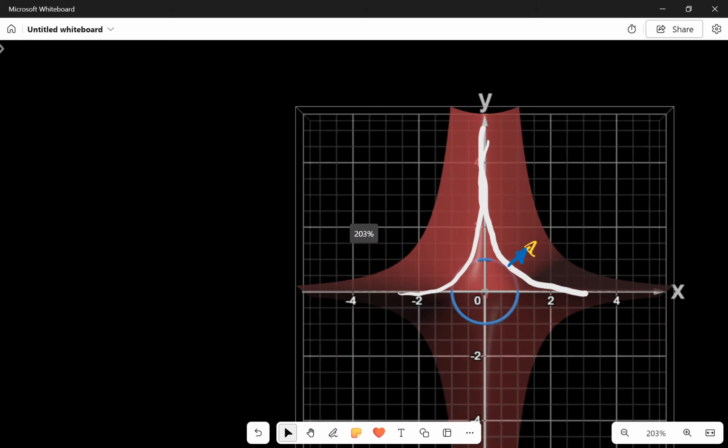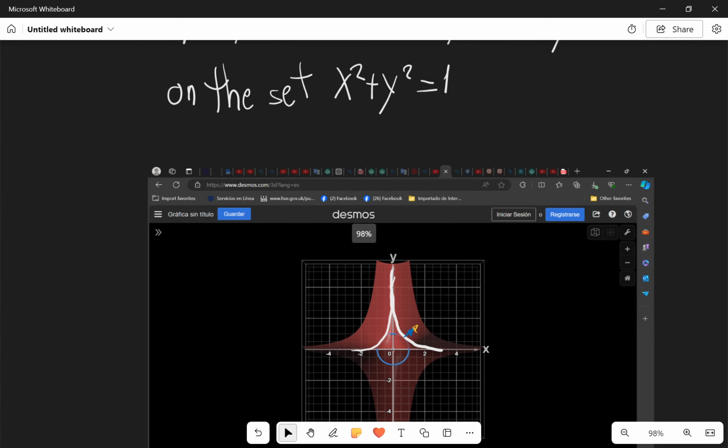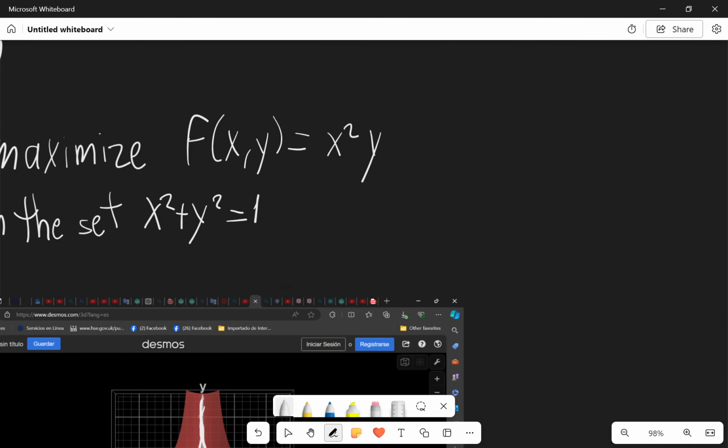So we can set the gradient of our function f equal to the gradient of our constraint. I'm gonna represent it with a g, but we said they're proportional, not necessarily the same.